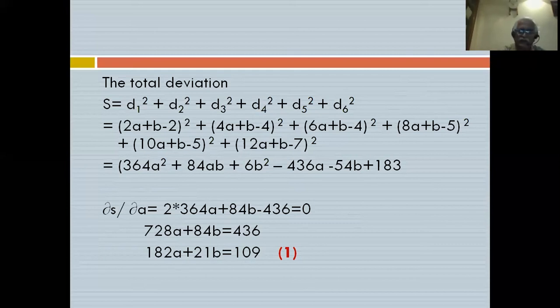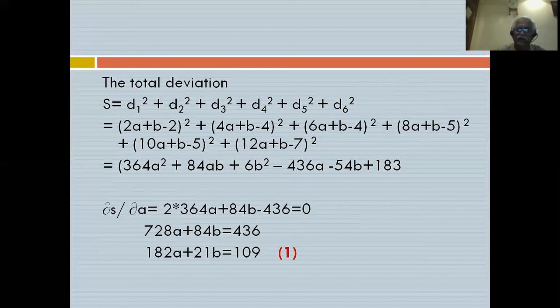In the case of the second point, 4 and 4, so (4a plus b minus 4) square. In the third point, x3 is 6 and y is equal to 4, so (6a plus b minus 4). So accordingly, the equation is coming.